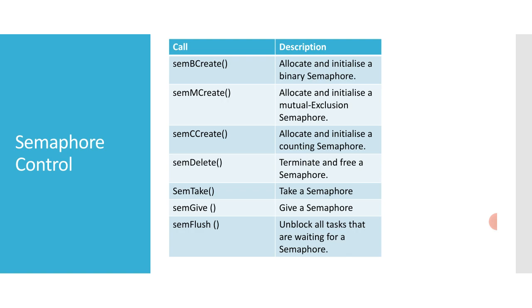We should note something. The semDelete call terminates a semaphore and deallocates any associated memory. Take care when deleting semaphores, particularly those used for mutual exclusion, to avoid deleting a semaphore that another task still requires. Do not delete a semaphore unless the same task first succeeds in taking it.